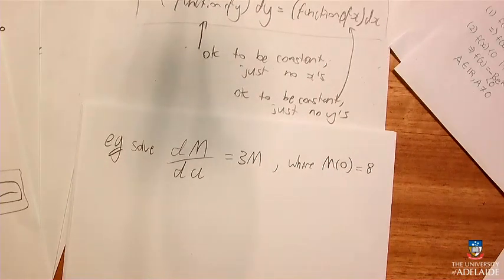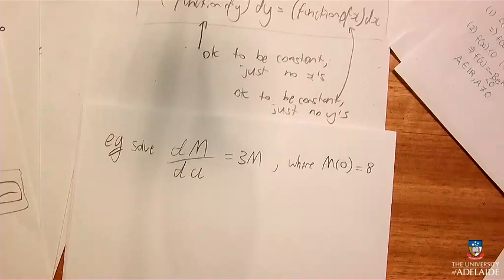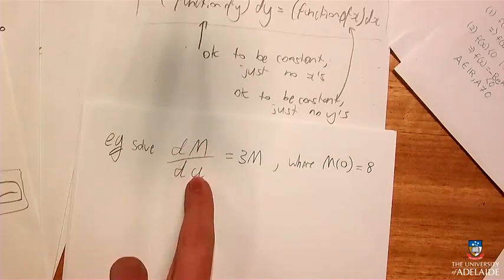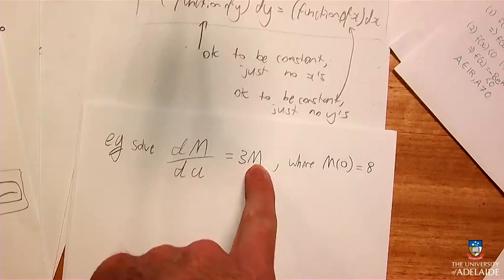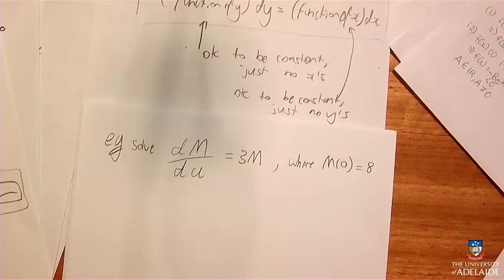So when you're asked to solve a differential equation, the goal is to write this variable as a function of this variable. And this is already written in the correct format. This is dm on du and something involving m times something that doesn't involve m. This will be the thing that is my function of x. So as long as I can rearrange it so all the m's are with the dm and all the u's, if there are any, are with the du, I'll be okay.